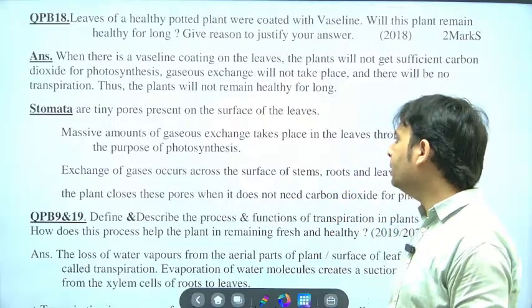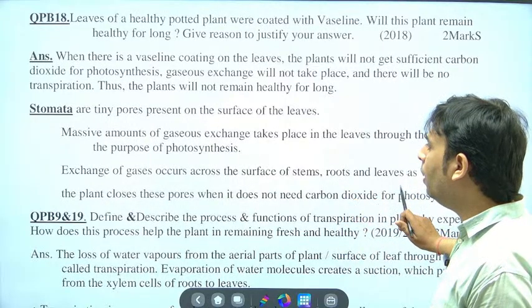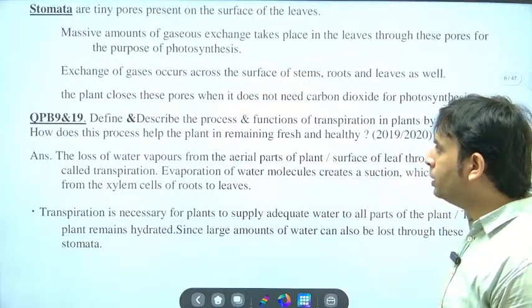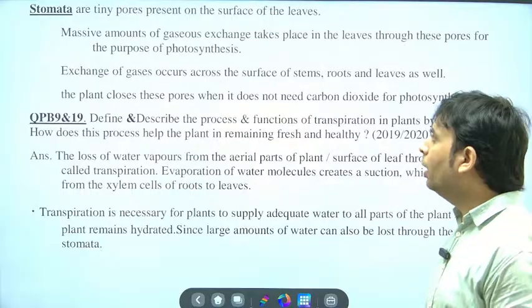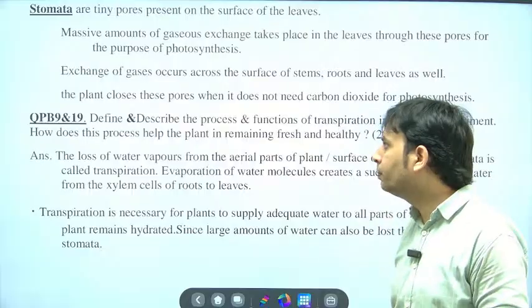Exchange of gases occurs across the surface of stems, roots and leaves as well. The plant closes the pores when it does not need carbon dioxide for photosynthesis and opens them when it needs carbon dioxide for photosynthesis.